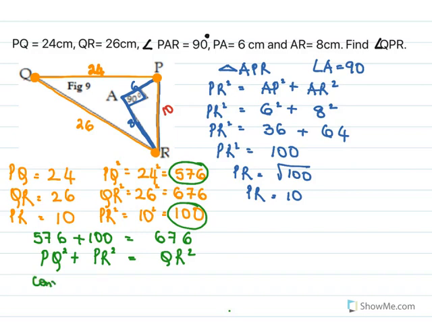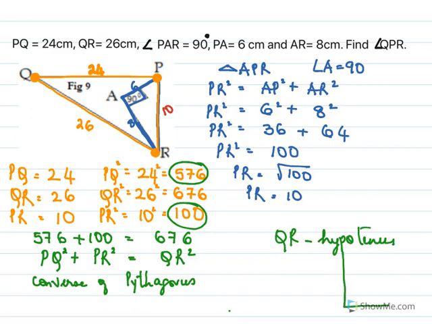So by converse of Pythagoras theorem, we can say QR must be the hypotenuse. So if we draw the triangle like this, QR is the hypotenuse. This angle here, angle P, must be 90 degrees. So angle QPR equal to 90 degrees by converse of Pythagoras theorem.